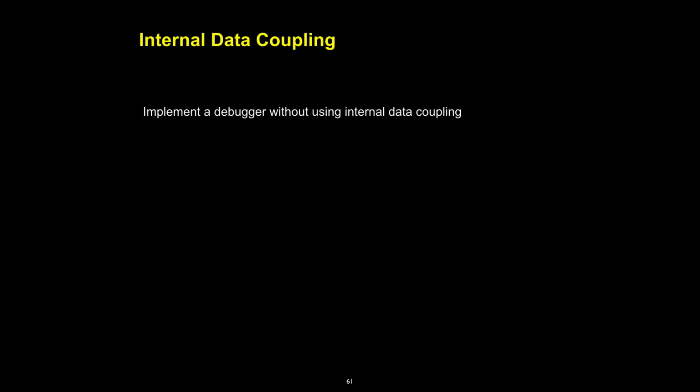But even though this is supposedly the worst type of right coupling, the strongest, we still need it. How do you implement a debugger in Java? I mean, you need it, right? You want a debugger, you want to step through your program, and you want to see the values of the fields of those objects, right? But they're private. So how can you see them?